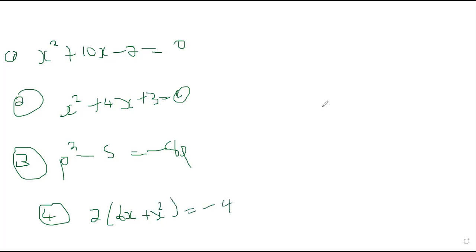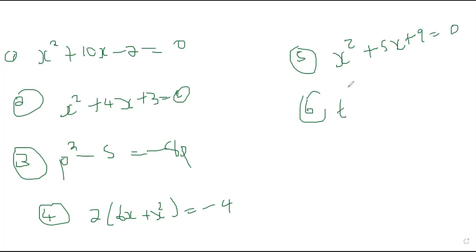You solve by completing a square, right? And then the other one that I want you to do for me is x squared plus 5x plus 9 is equal to 0. Then the sixth one will be t squared plus dt is equal to 2 multiplied by 10 minus 8t, right?